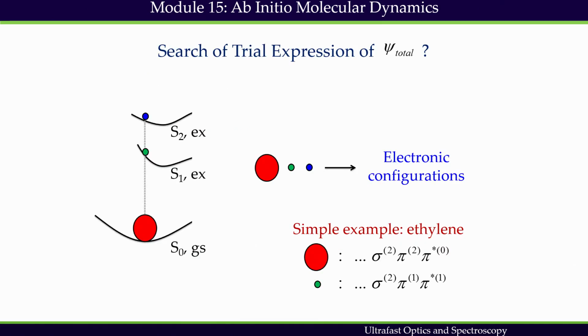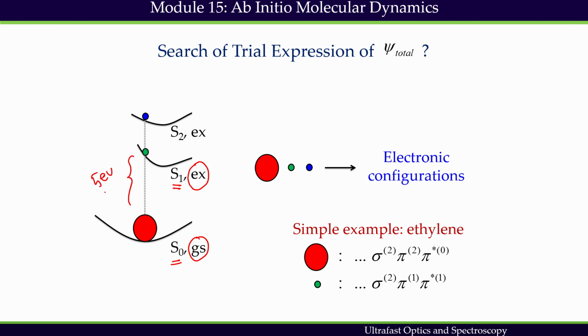Let us first understand the electronic wave function. When electronically ground and excited states are well separated in energy, for example the situation depicted here, the ground state potential energy surface is well separated from the excited state potential energy surface. Let's say this is your S1 excited state, this is your S0 ground state, and they are separated by, say, 5 eV.